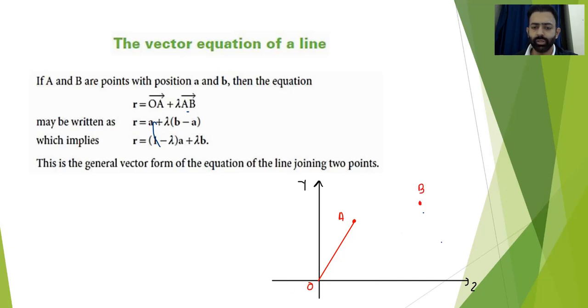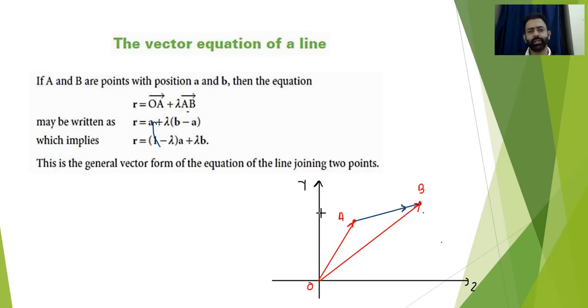This is the origin, and this is vector OA, this is vector OB. If I join points A and B, I get a vector AB like this.